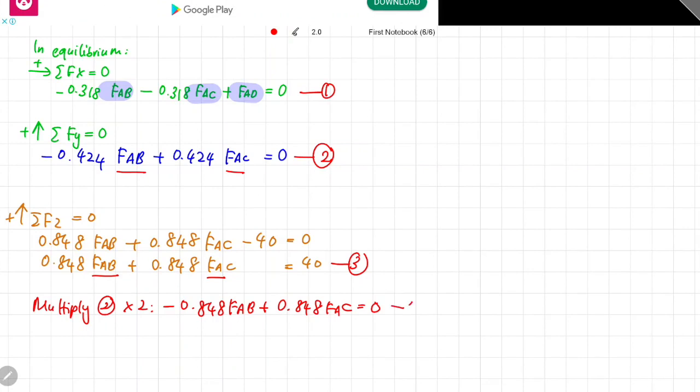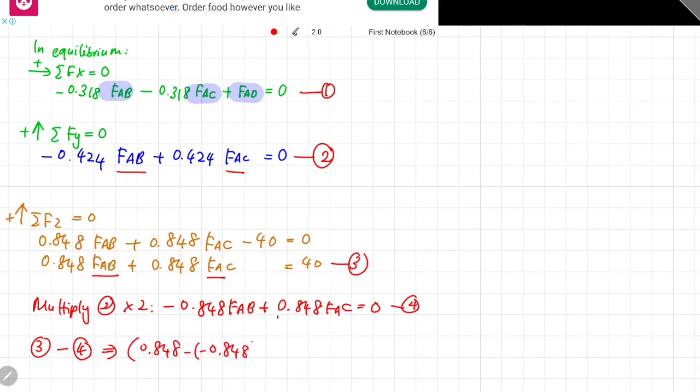So let's call this new equation to be equation 4. If I want to cancel out FAC, so kita tolak equation 3 with equation 4. So kita bawa turun 0.848 FAB minus with negative 0.848 FAB. And then for the second expression pula, 0.848 FAC minus with 0.848 FAC. So from this equation, you can actually cancel out the FAC.